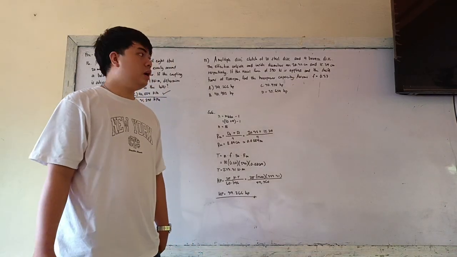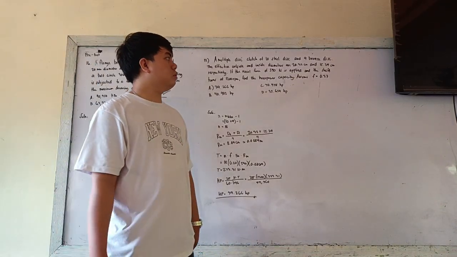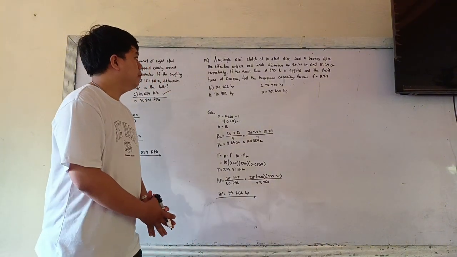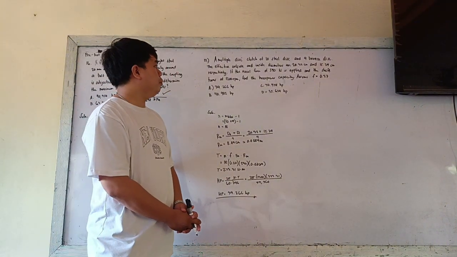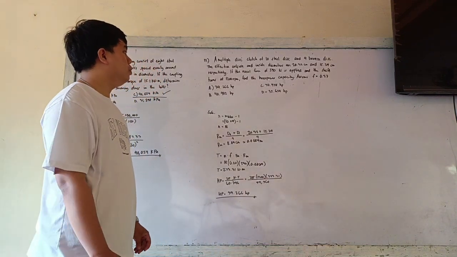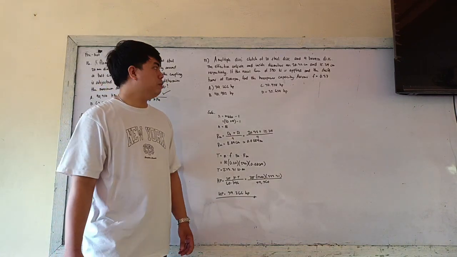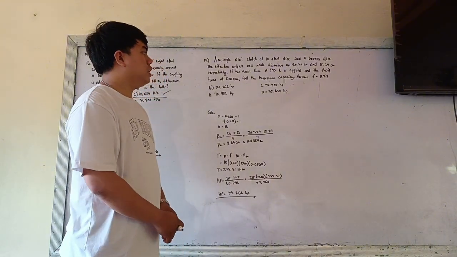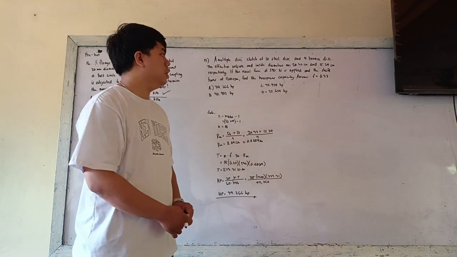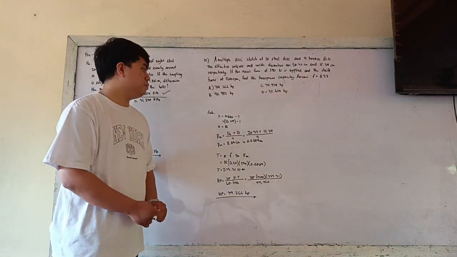Assume the coefficient of friction is 0.27. A. 39.266 horsepower, B. 40.482 horsepower, C. 37.458 horsepower, D. 35.659 horsepower.